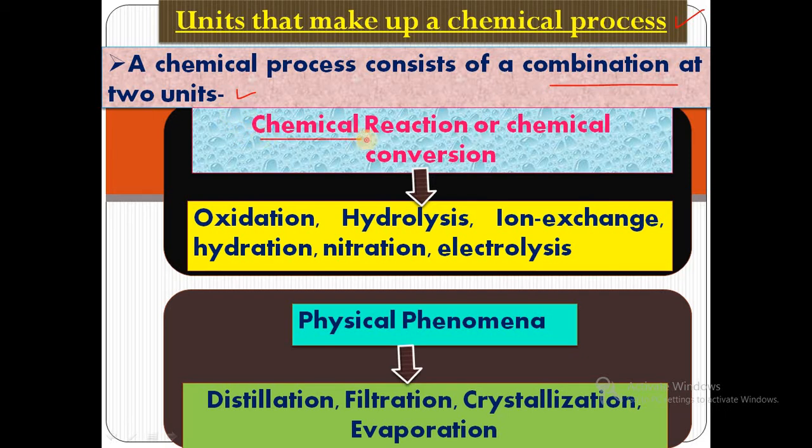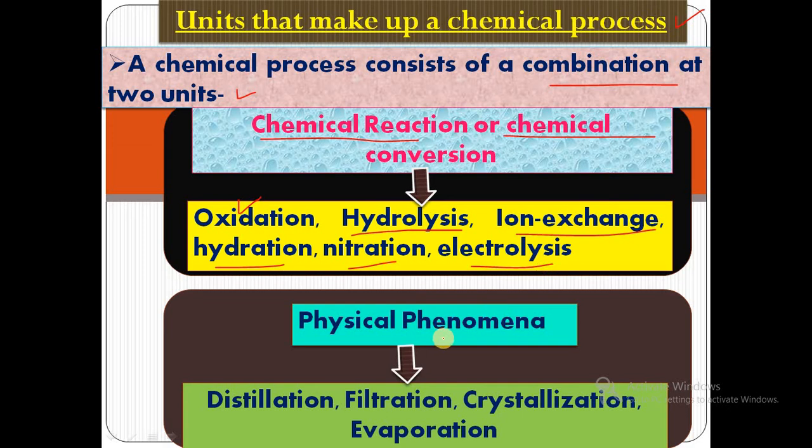In the case of chemical reactions or chemical conversion, it consists of different types of reactions: oxidation, hydrolysis, ion exchange, hydration, nitration, and electrolysis. These chemical conversions are carried out in any chemical process.